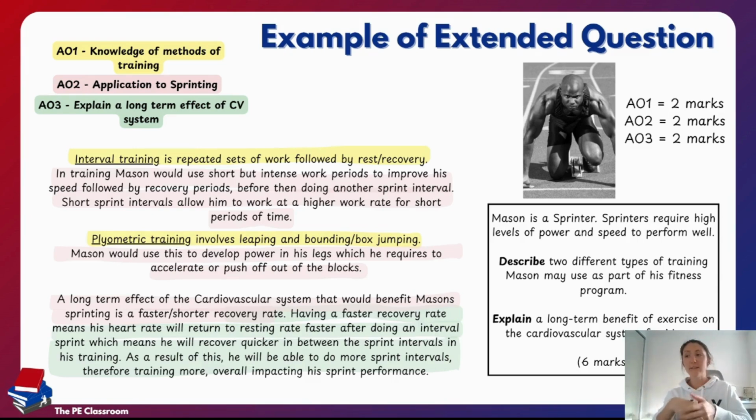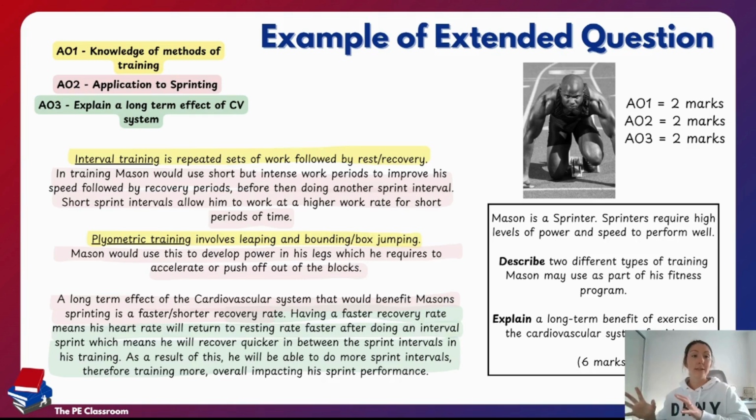As a result of this, he will be able to do more sprint intervals, therefore training more and overall impacting his sprint performance. So we've gone into more detail and provided a really in-depth analysis of how that long-term effect is going to benefit him in his sprinting performance.